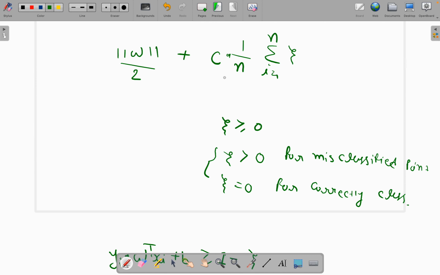So basically this term is the average error distance of the points which are misclassified. And what is C here? C is a hyperparameter, so we can tune this C.